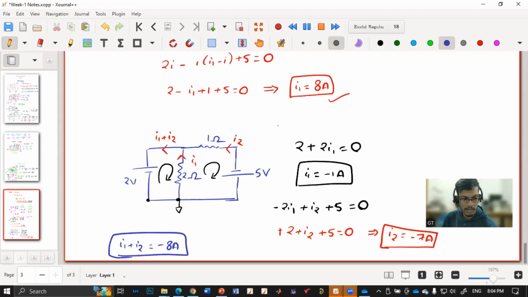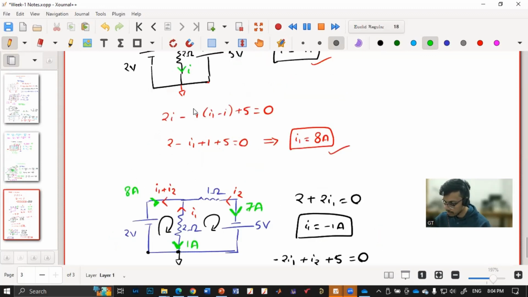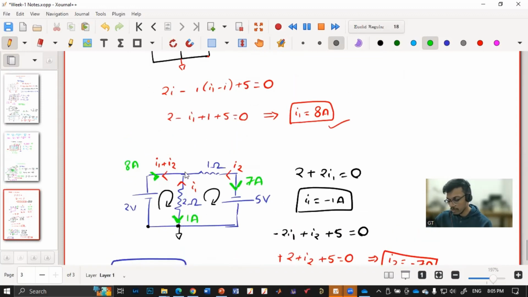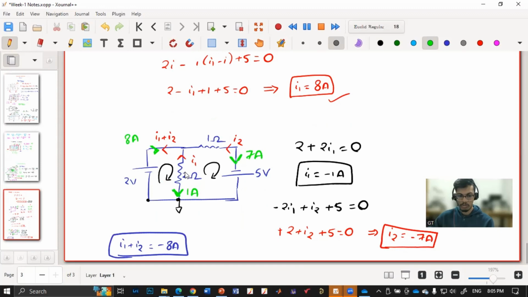So it says my current is in this direction with a magnitude of 8 ampere, another current is in this direction with a magnitude of 1 ampere, and the other current is in this direction with a magnitude of 7 ampere, which is exactly the same thing we got in the previous case. So irrespective of the direction that we assume, we'll still get the same answer, and we should get the same answer.